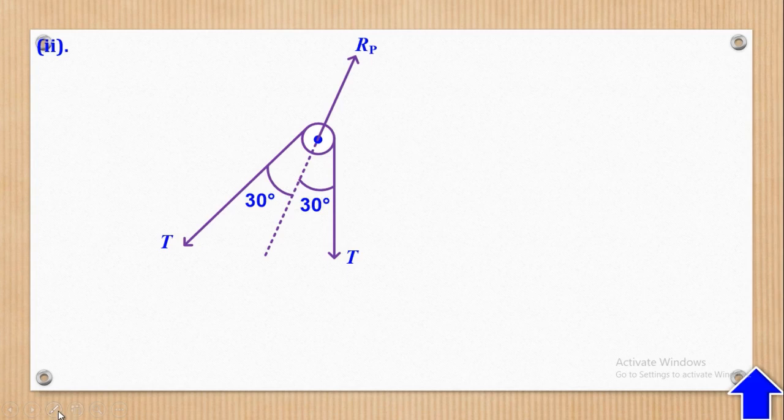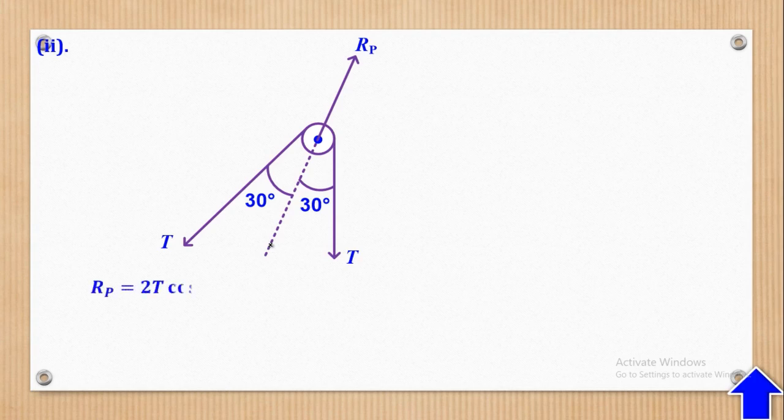So what we shall do is resolve along this line. When you are resolving, where the angle lies becomes cos. What does that mean? It means that the resolved part of this tension along this line will be T cos 30 degrees, and also for this along this line will be T cos 30 degrees.